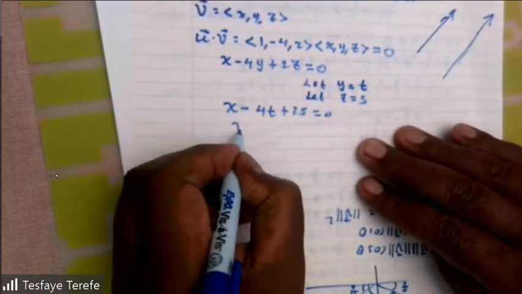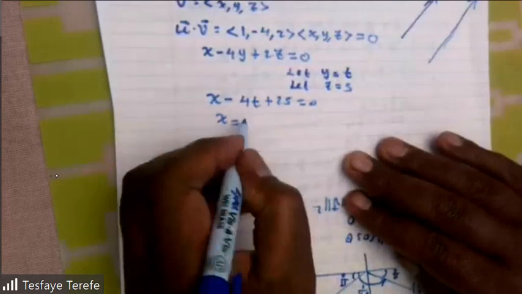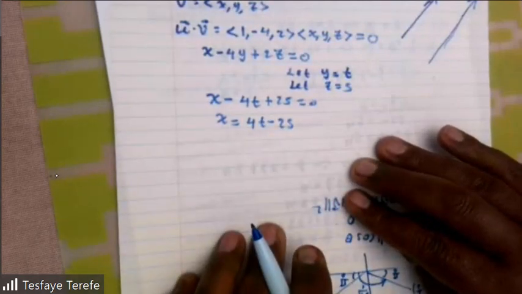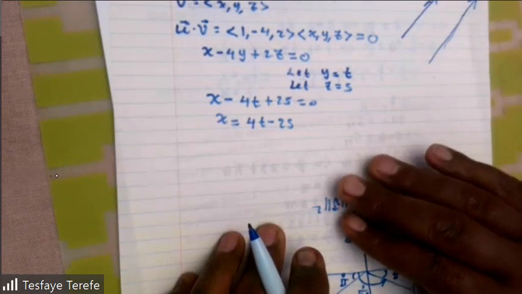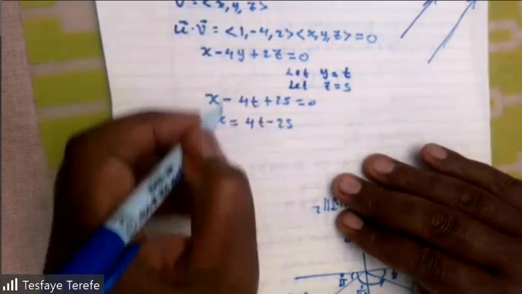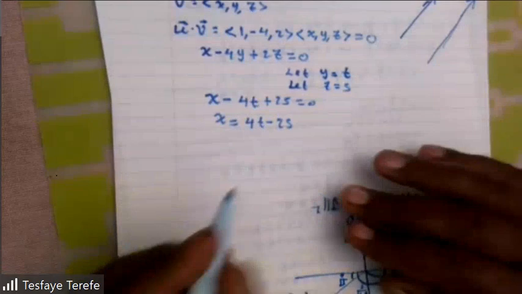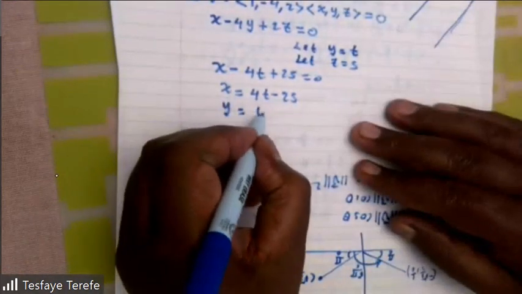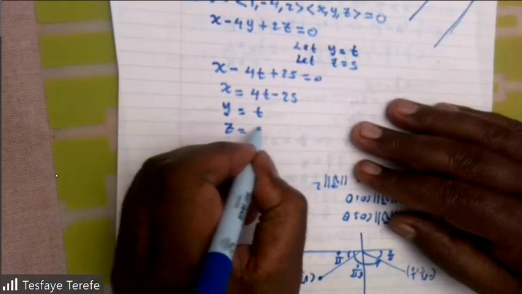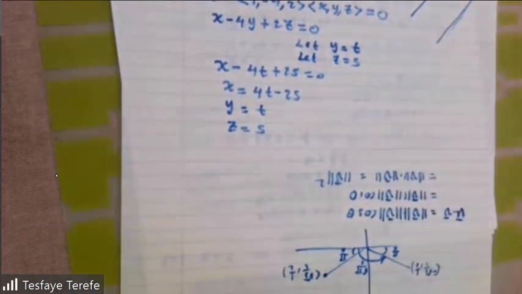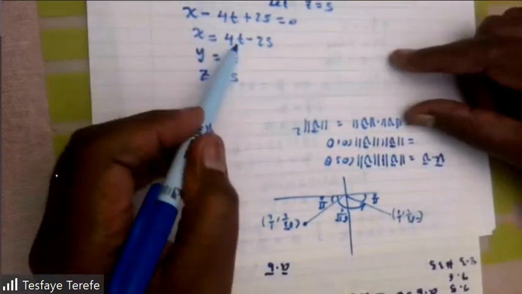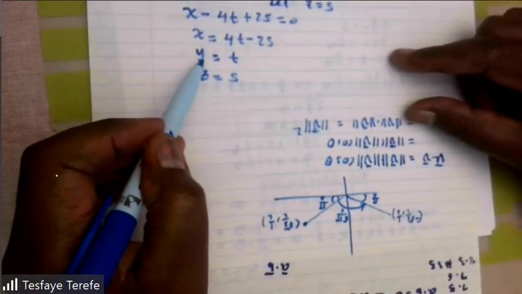Then x is 4t minus 2s. I need x, and x is this in terms of s and t. What about y? y is really t. And what about z? z is simply s. Can I express x in terms of s and t? How about y and z in terms of s and t?